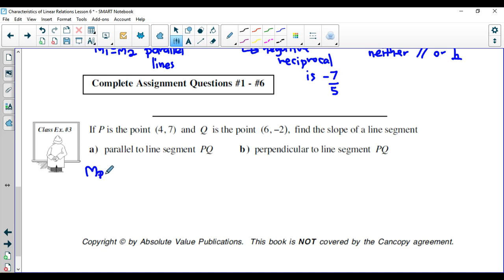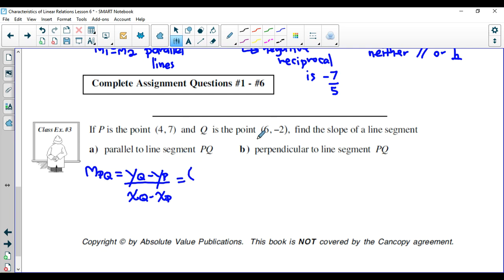Okay, so we want to figure out the slope of line segment PQ. That could be YQ minus YP, using the slope formula with the two points on the line, over XQ minus XP. Let's plug these numbers in.